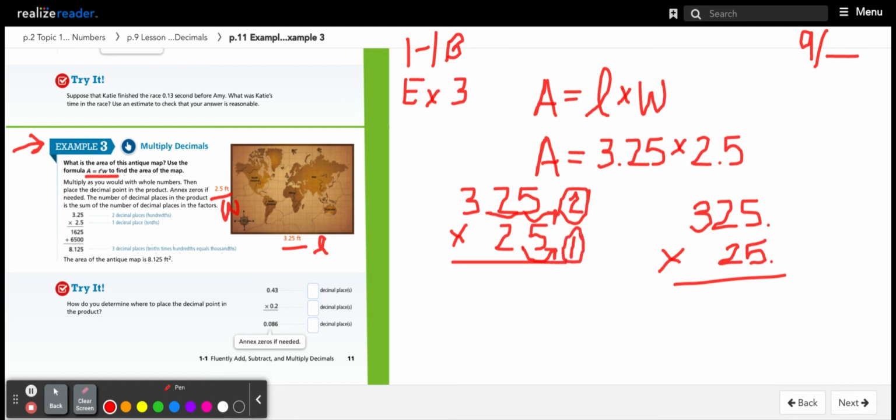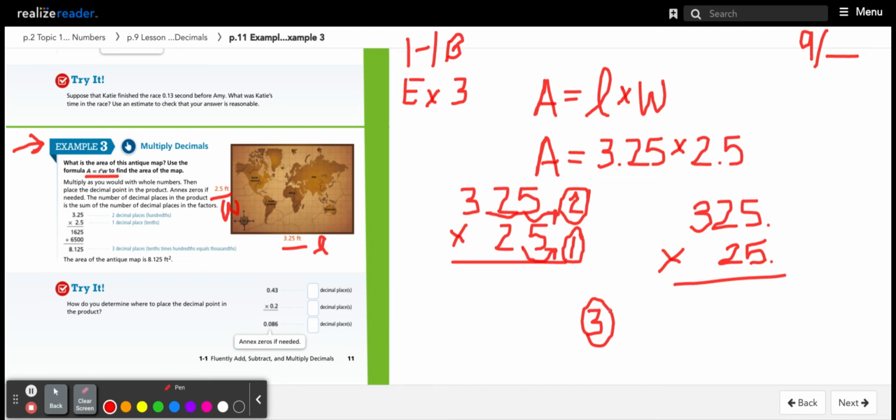So that means if in my first number I have to move the decimal twice, and in my second number I have to move the decimal point once, now I want to add those two numbers up. 2 plus 1 is 3. And I'm writing it down here underneath because in my final answer, I will have to remember to move my decimal point 3 times back into the problem, 3 times to the left.